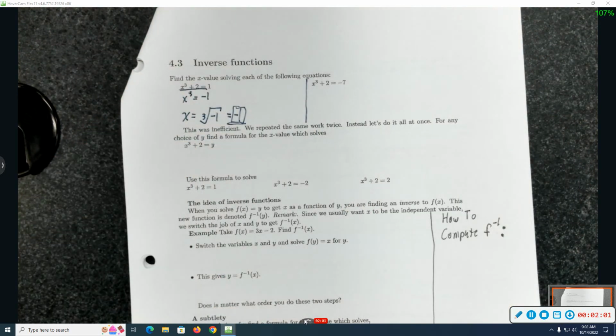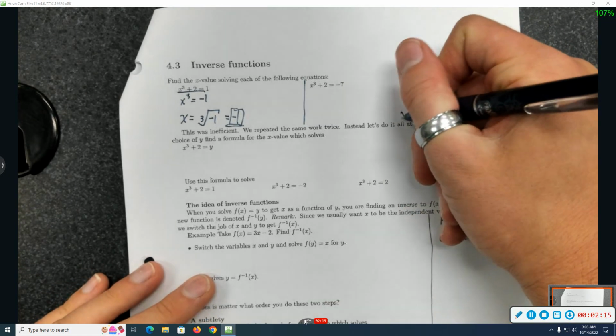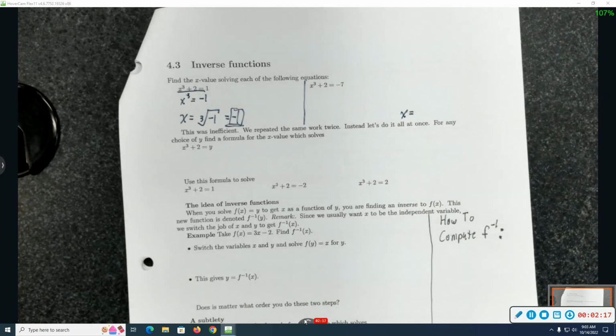Go through and solve the next line: x cubed plus 2 equals 7. Once you see what x is, go ahead and share.